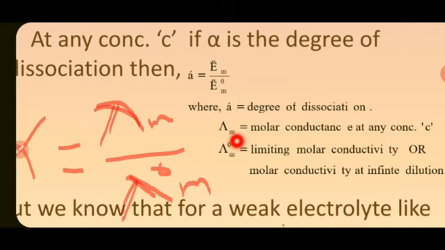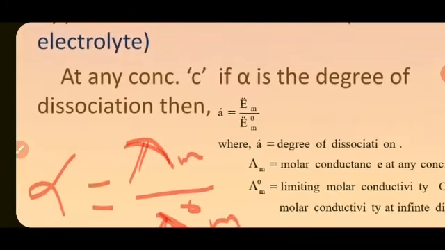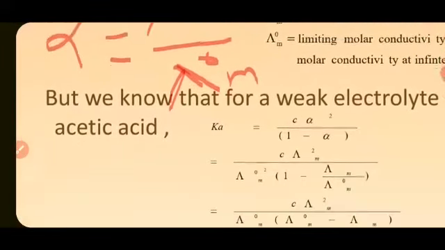Then lambda m is known as the molar conductance at any concentration C, and lambda naught m is nothing but the limiting molar conductivity, meaning the conductivity at infinite dilution. Then this formula is used to solve problems, which is an application of Kohlrausch law.